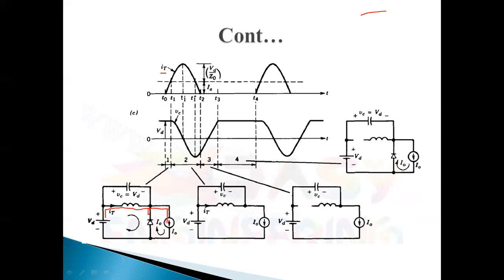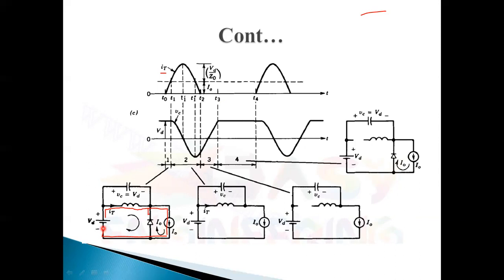After that, current flows through this I0 source. Okay, what is I0? I will tell you, but consider this. Then current is flowing through this direction and returns back to the main source.